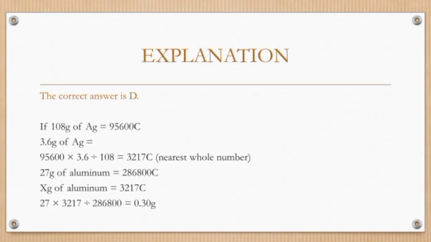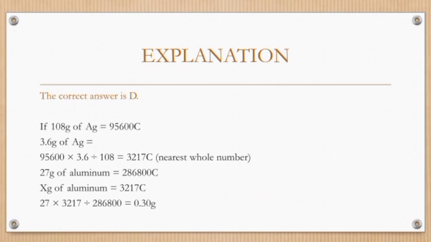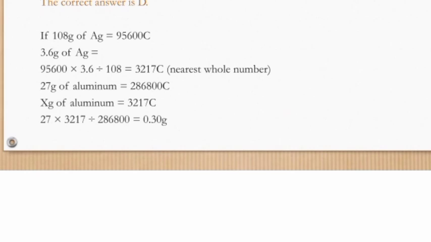So let's see the solution. If 108 gram of silver, the relative atomic mass of silver, gives you an invisible 1, which means 1 mole of silver, times the constant 96500.